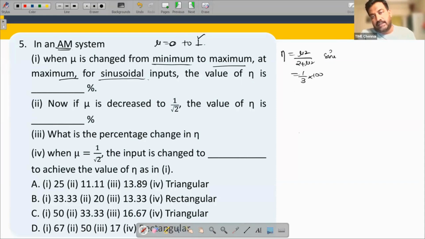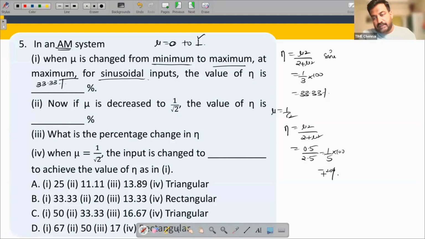In percentage, that's 33.33%. If mu is decreased to 1 by root 2, eta is mu square by 2 plus mu square, 0.5 by 2.5. That's 1 by 5 into 100, that's 20%.